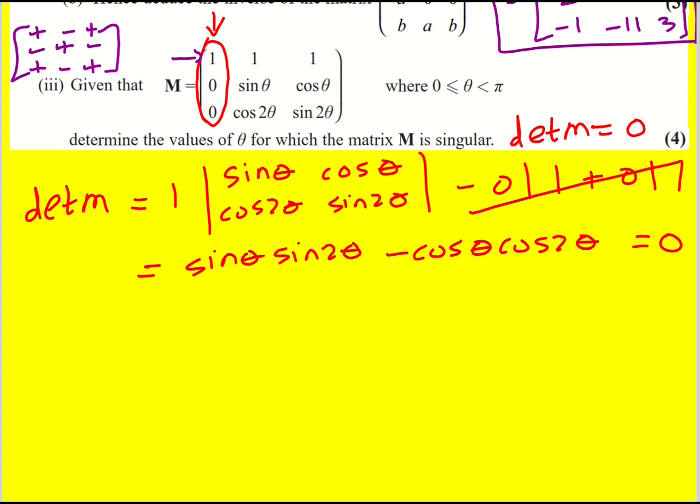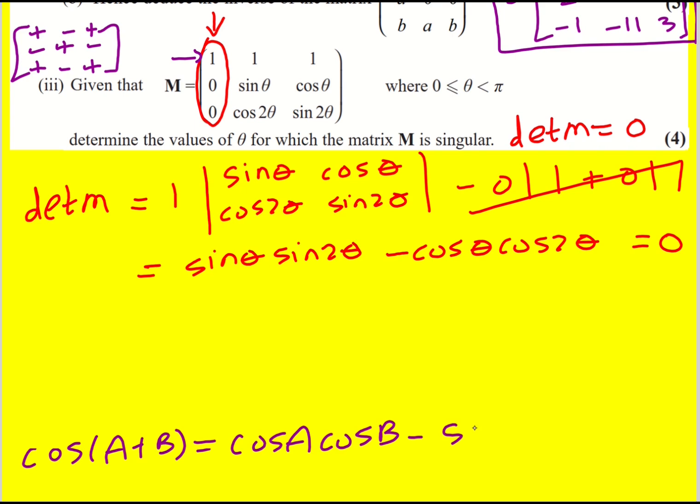Which looks quite an awkward trig equation until you recognize that actually we can use double angle formulae, because cos(A plus B), you can look this up of course, it's cos A cos B minus sine A sine B. So we could either rewrite it like that, or we could just bring a minus out if you wanted.